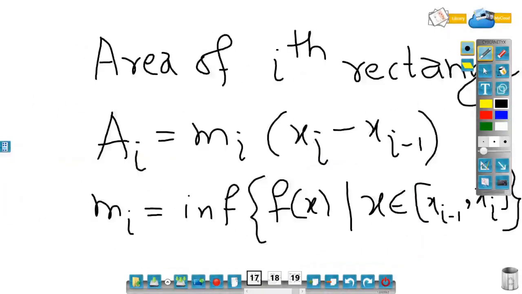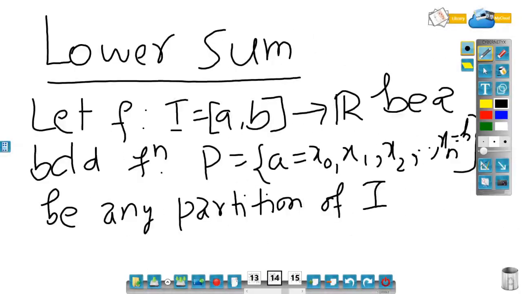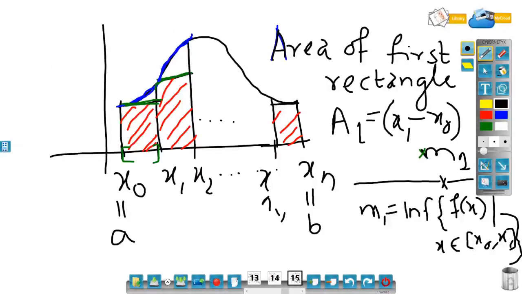Now you can see whatever UPF and LPF I have defined so far. Let me show you those. Now you can see that a lot of error is occurring. This is not exact integration. LPF is not exact integration because you can see that this area is missing, this area is not covered.